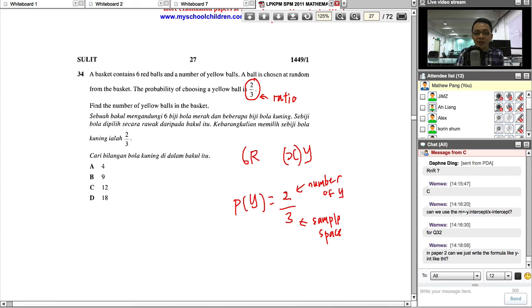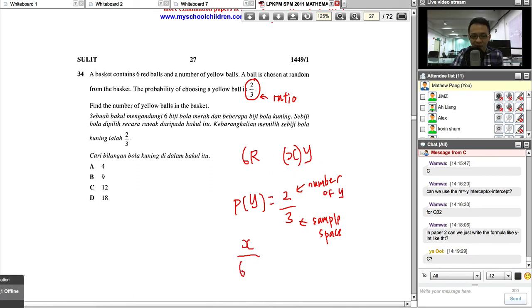So if you understand this, my number of yellow balls will be x. My sample space, which is my total number of balls, will be 6 plus x, equals 2 over 3. I mean x, not y. So I solve this one, I can easily get x.